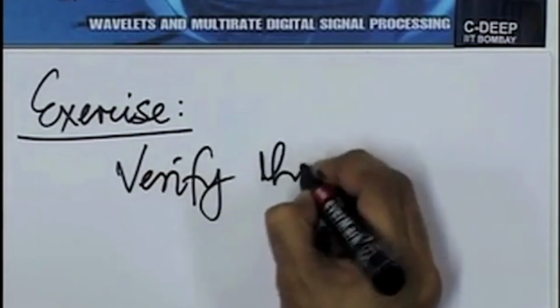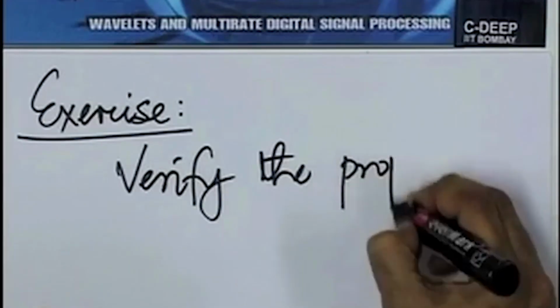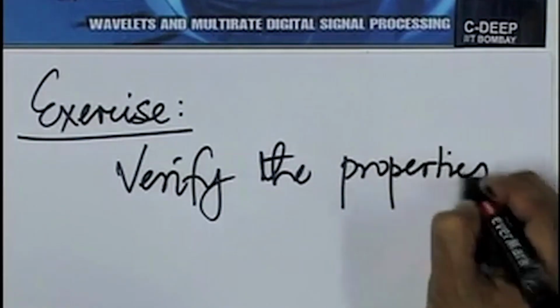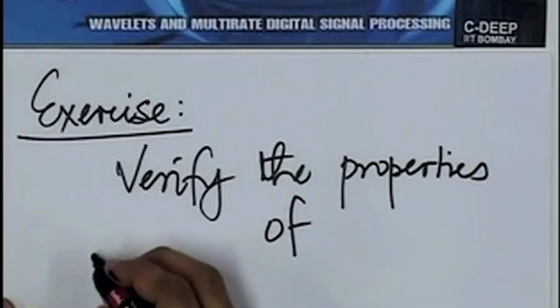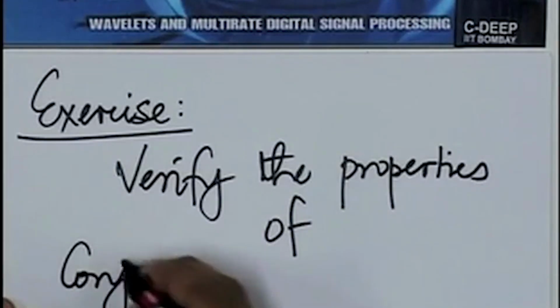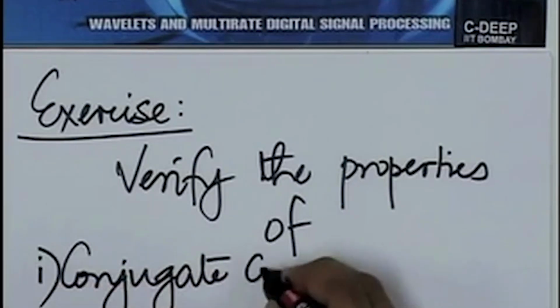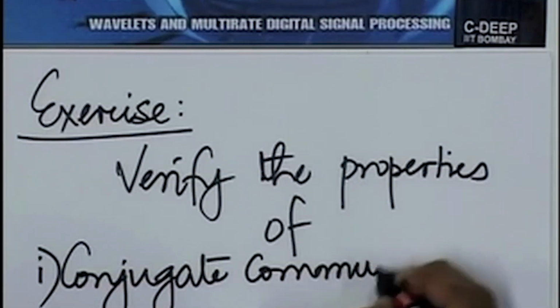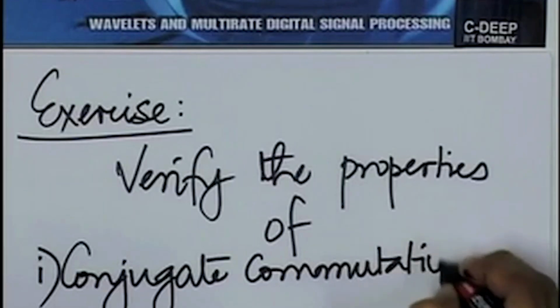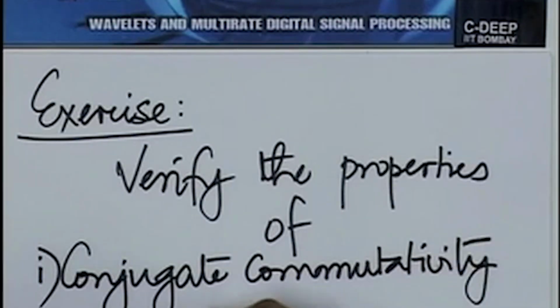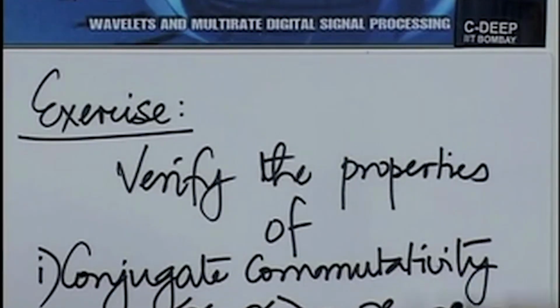Verify the properties of what is called conjugate commutativity, the first property, and linearity.